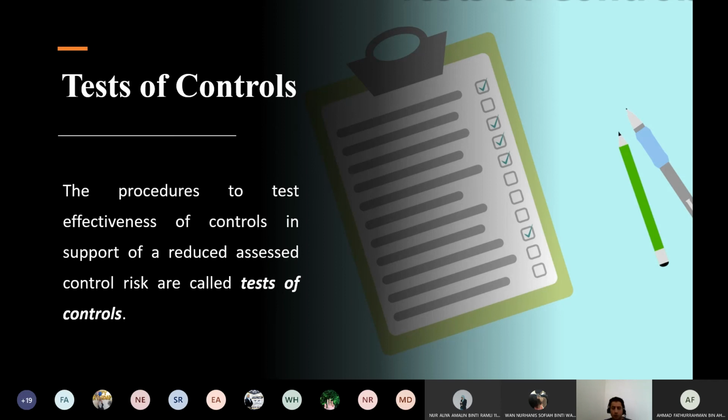What is testing of control? Testing of control is the procedures to test the effectiveness of internal control and support the reduced assessed control risk. These are called tests of control.